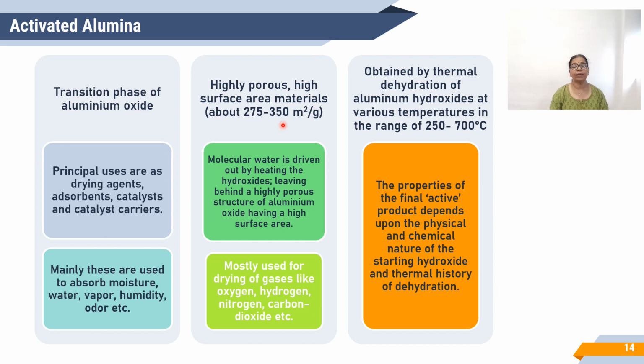So there the demand increased because this surface area, greater than 300 meter square per gram, requires a flash calcination process, and it has a very high absorbing property which absorbs the moisture in oxygen or other gases also, such as hydrogen. It can absorb the moisture present in it.